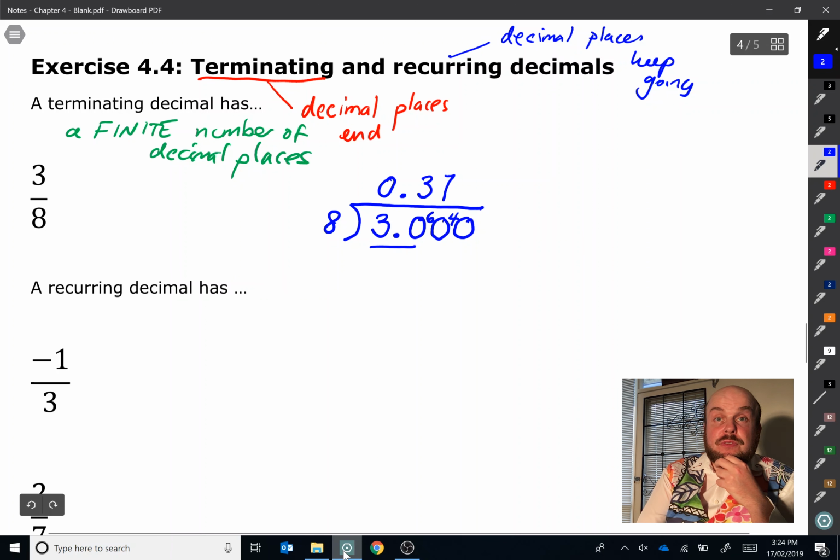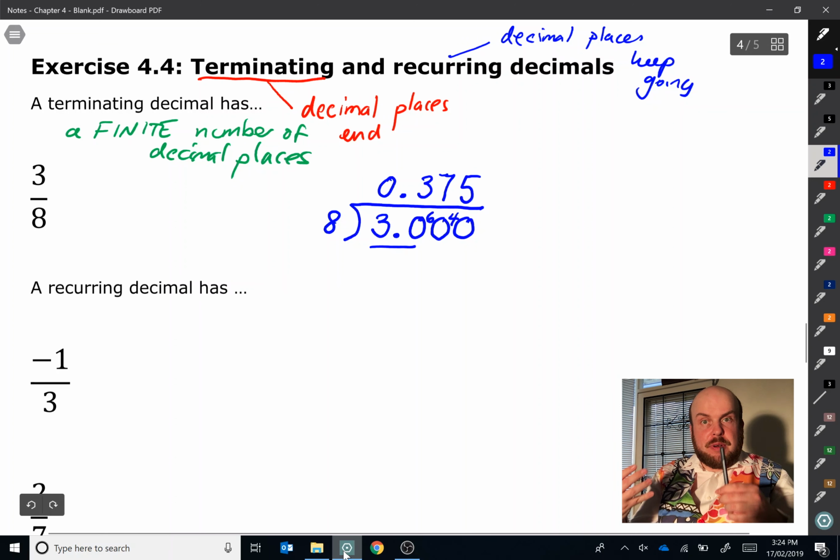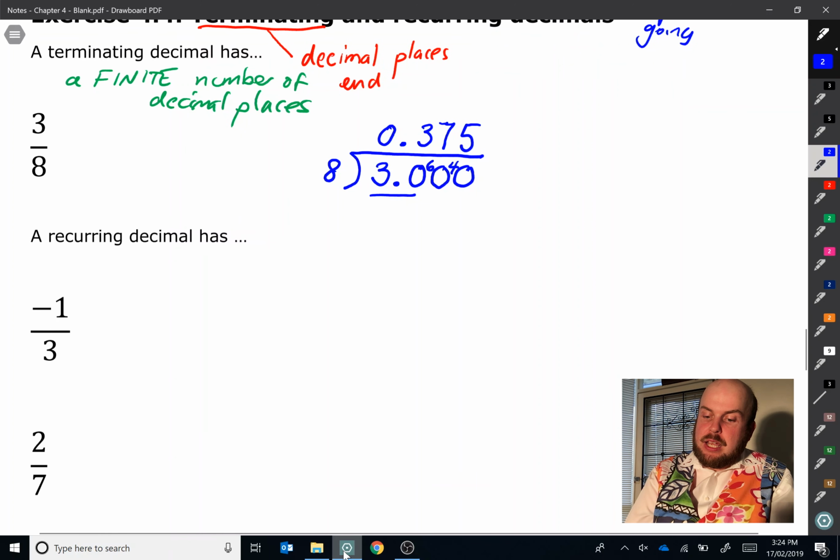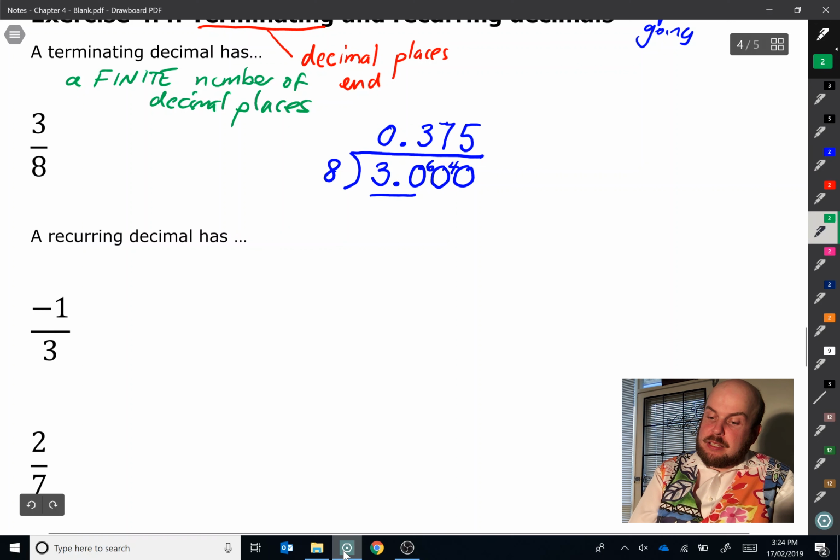And 8 goes into 40 5 times. Is there anything left over? No, there's nothing left over because it goes in exactly. Therefore, it's a terminating decimal. So it's 0.375.